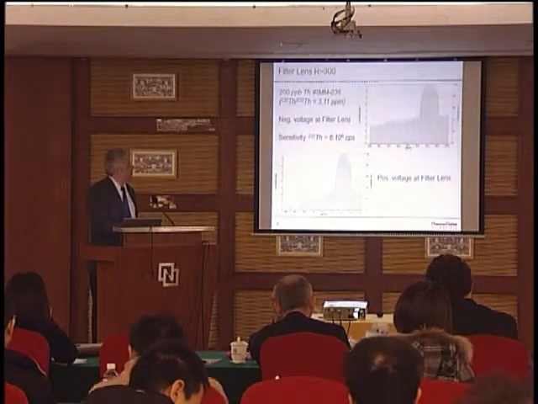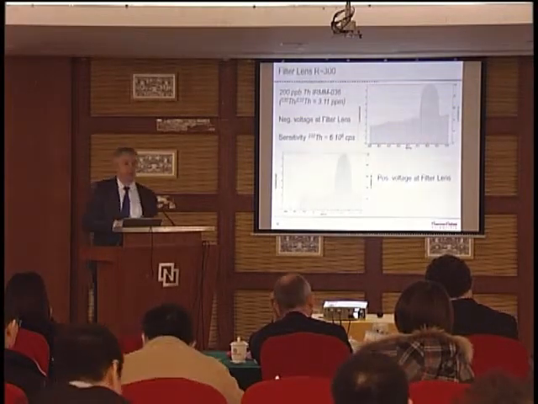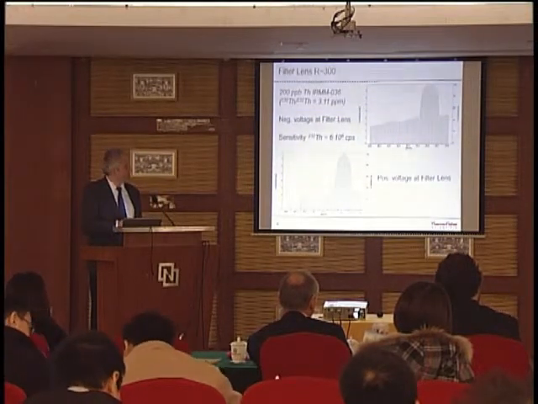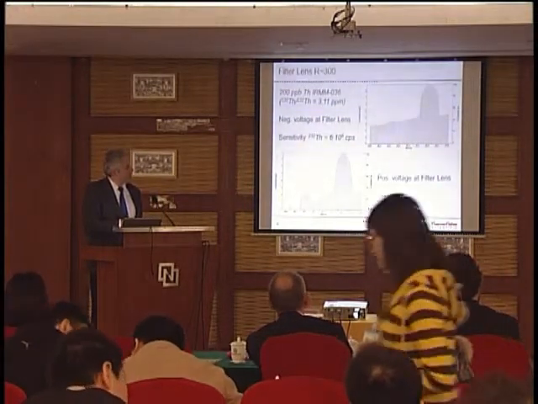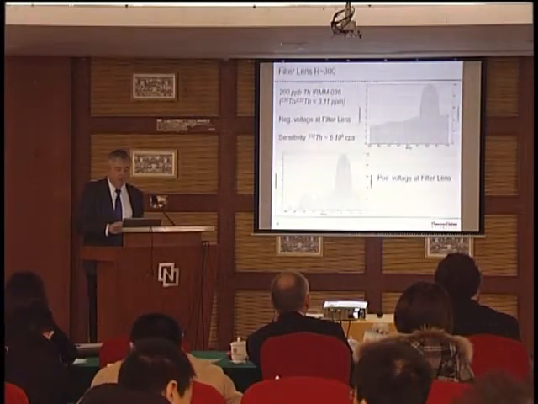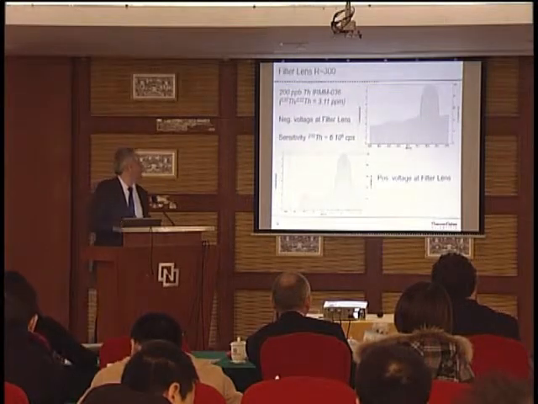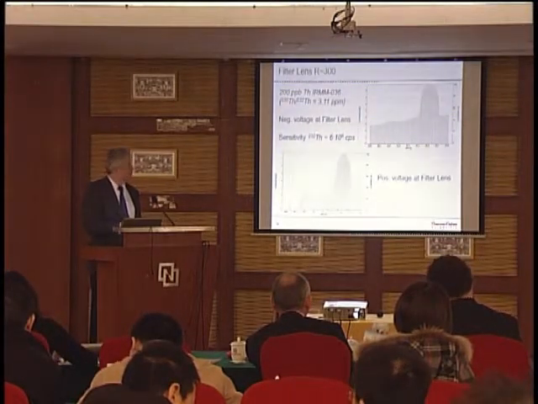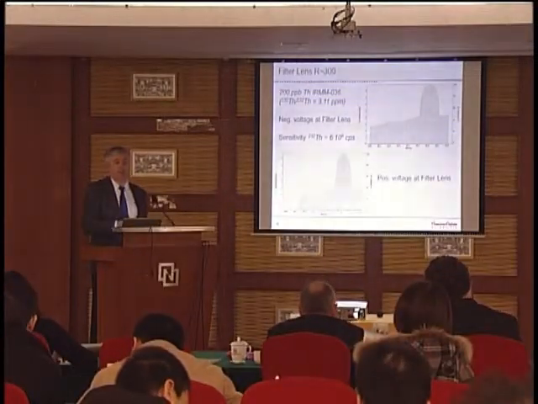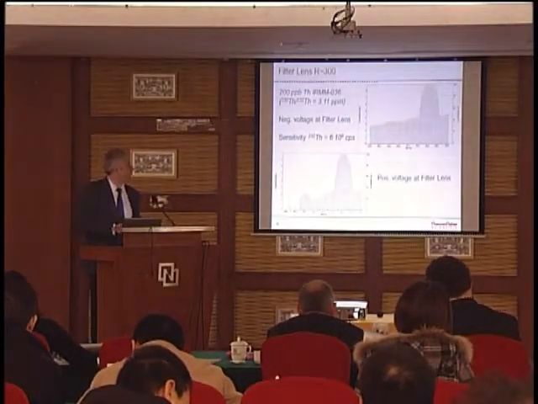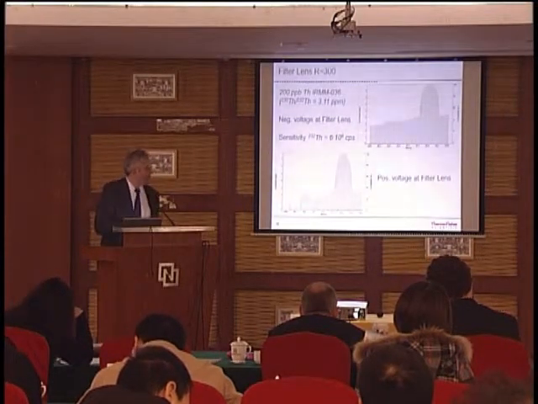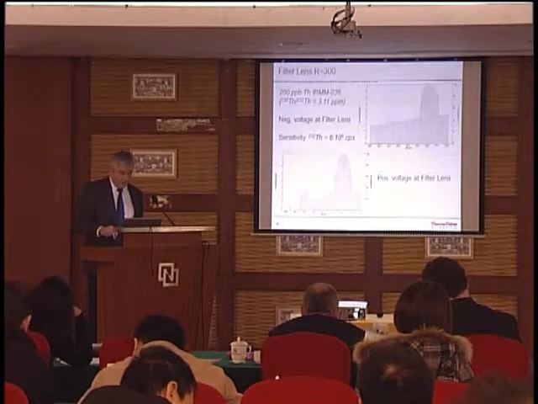So on the right here you see a logarithmic scale without applying the filter lens, so you see a clear background caused by the abundance effect on the very intensive thorium-232 peak. Applying a positive voltage on the filter lens, you see a significant improvement in the abundance sensitivity. Below mass 230, it's even 0.